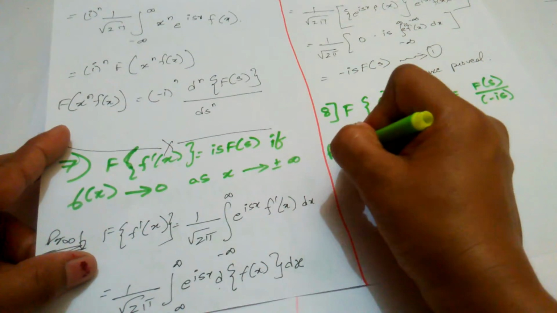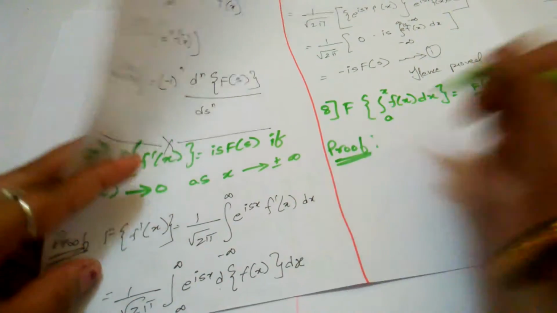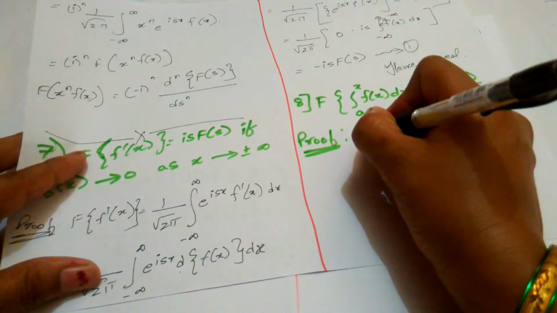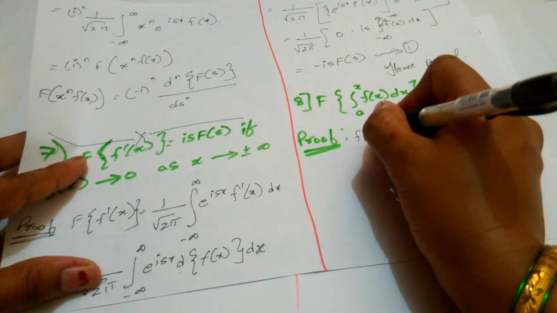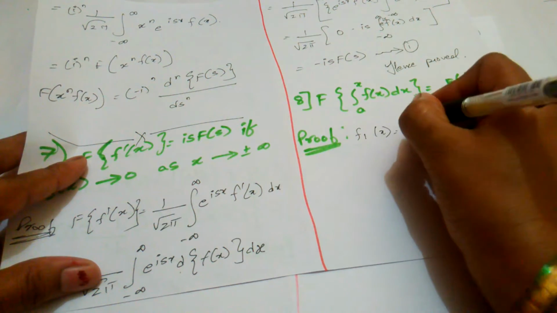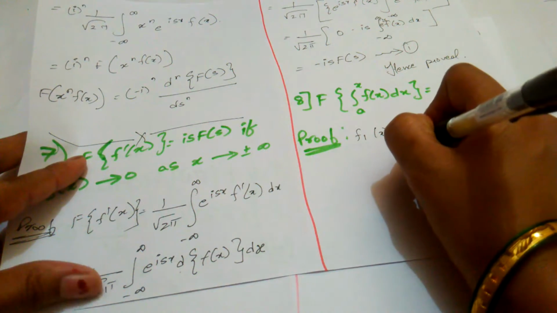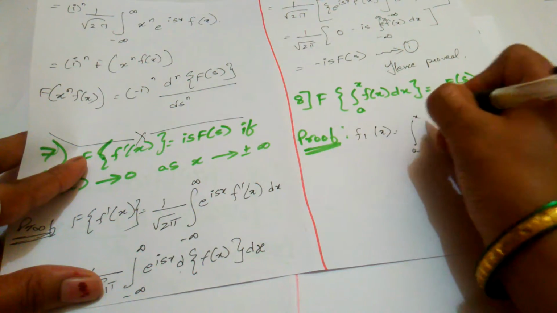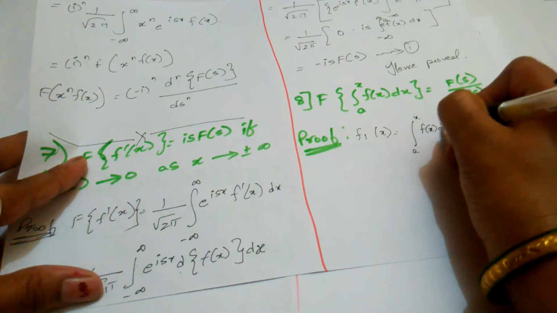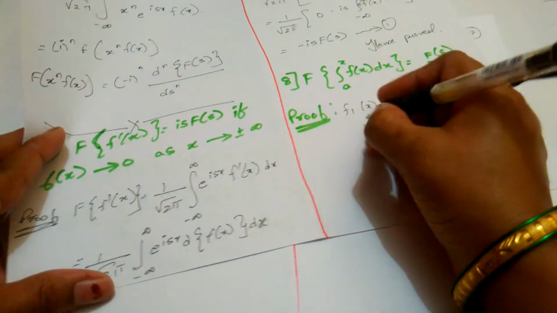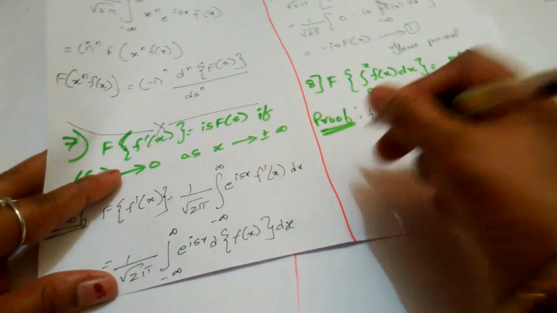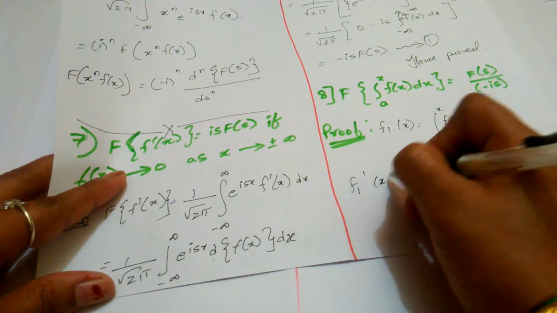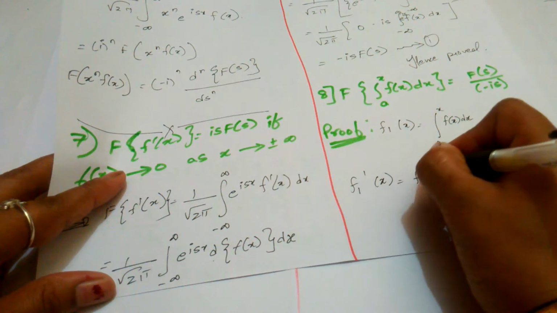Okay, so let me start the proof for this. So proof: f1(x) is equal to integral a to x f(x) dx. Okay, so we will be getting something like f1 dash of x is equal to f(x).